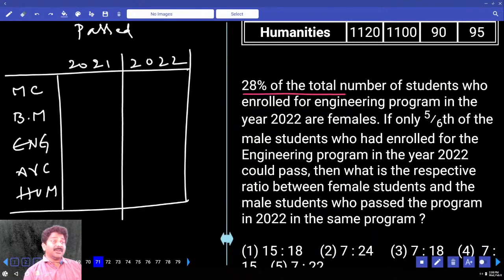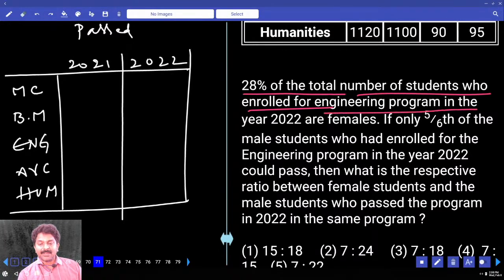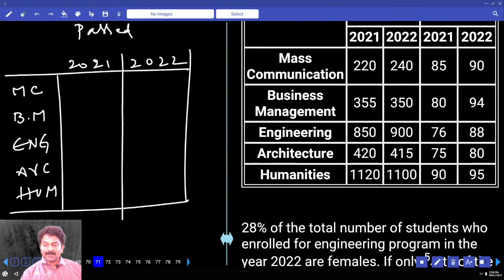28% of, so now you need to concentrate on, are they talking about the number of enrolled students or passed students? 28% of the total number of students who enrolled for the engineering program in the year 2022 are female. Engineering program 2022 enrolled candidates 900.